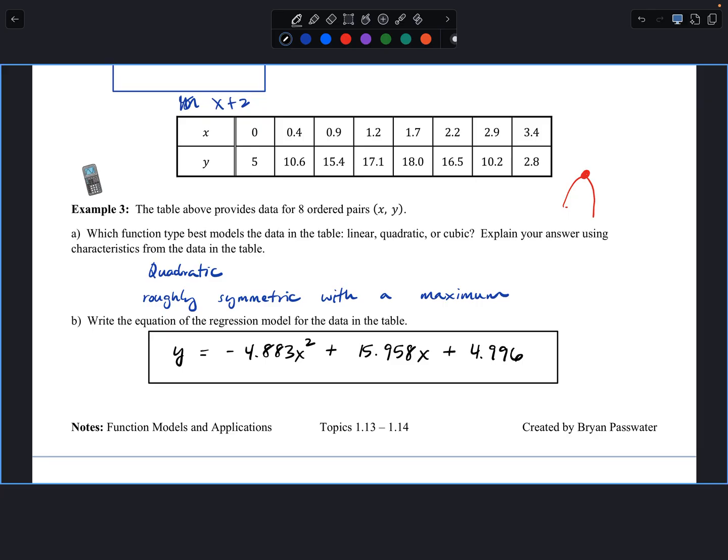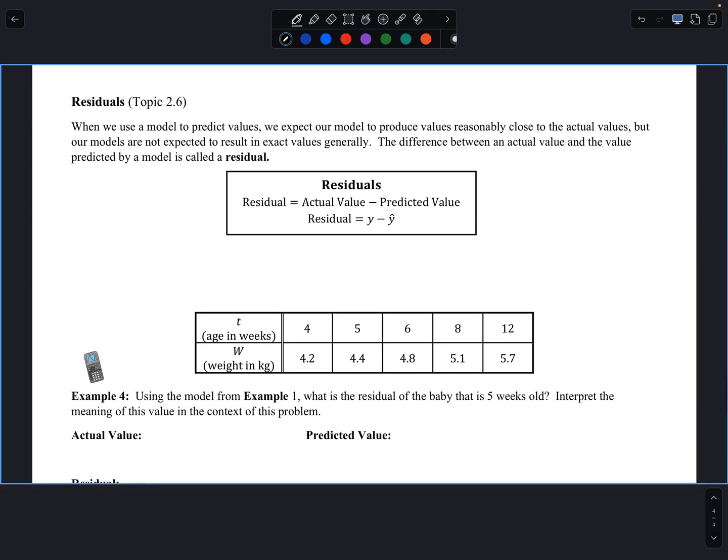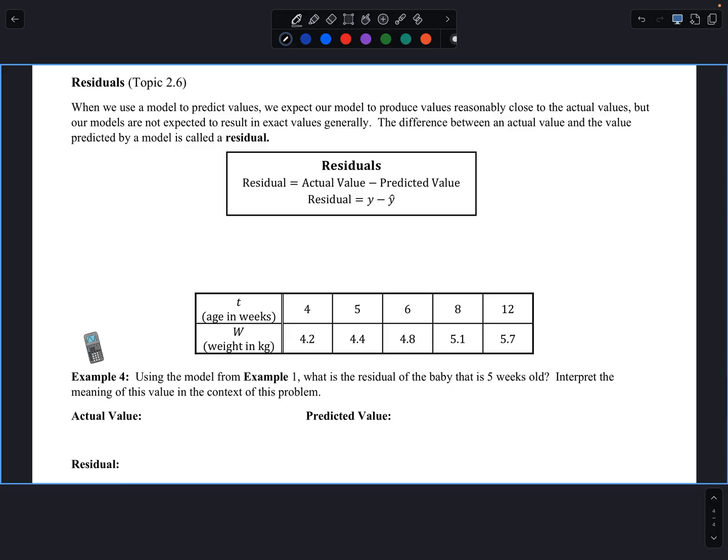All right, last thing. We're going to see this again in Unit 2, but I'm going to introduce it to you guys now. It says, when we use a model to predict values, we expect our model to produce values that are reasonably close to the actual value.